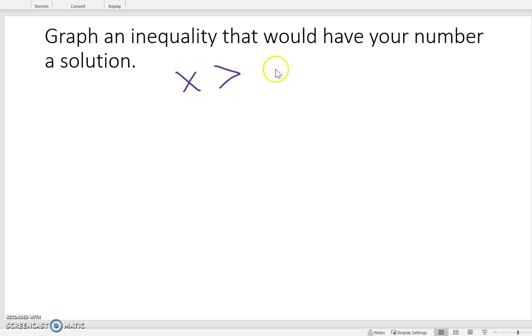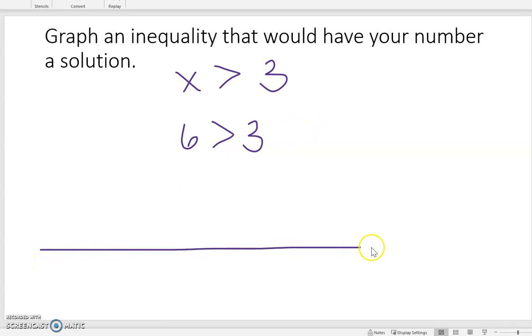So 6 is greater than, let's say, 3. You can use either symbol, less than or greater than, and you just want to make sure that if you replace the variable with your number, that it's true. Again, if I take 6 and I say 6 is greater than 3, that's true.